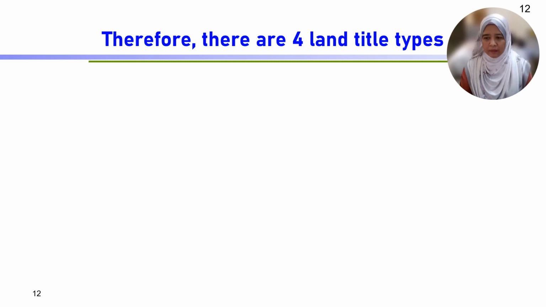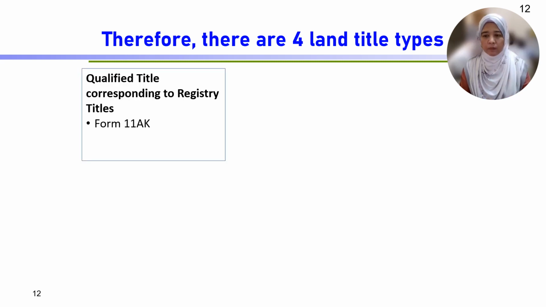Now, the previous diagram shows us at the end of the day there are 4 land title types. We have the leasehold land office, freehold land office, leasehold PTG, freehold PTG. Now, this slide will show you the corresponding forms. Borang, nama borang dia.